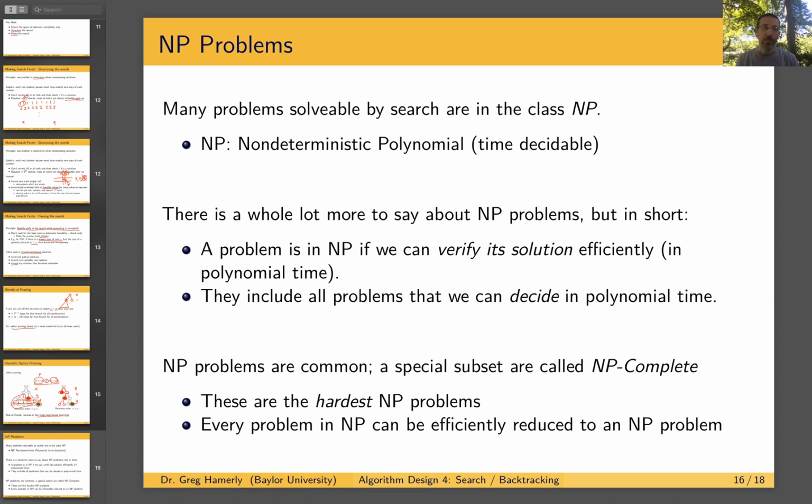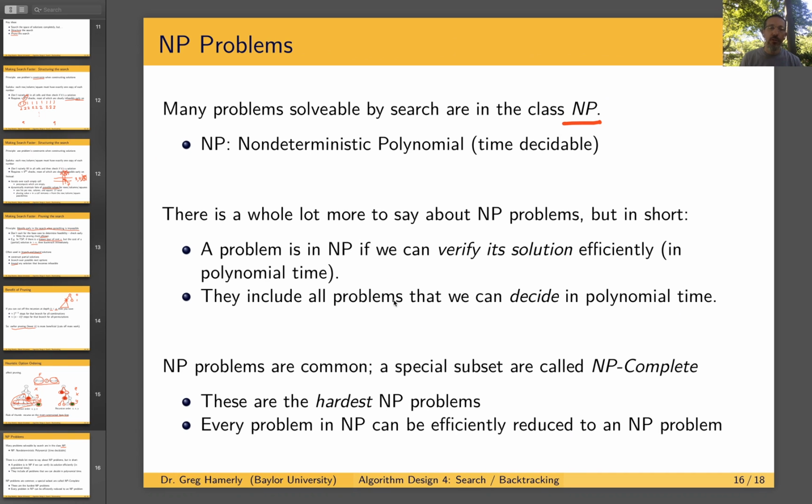A few more remarks. Many problems that we're talking about today and that fit in this class are what we call NP problems. NP stands for non-deterministic polynomial time decidable. That's a theoretical concept which we don't have to go into here.